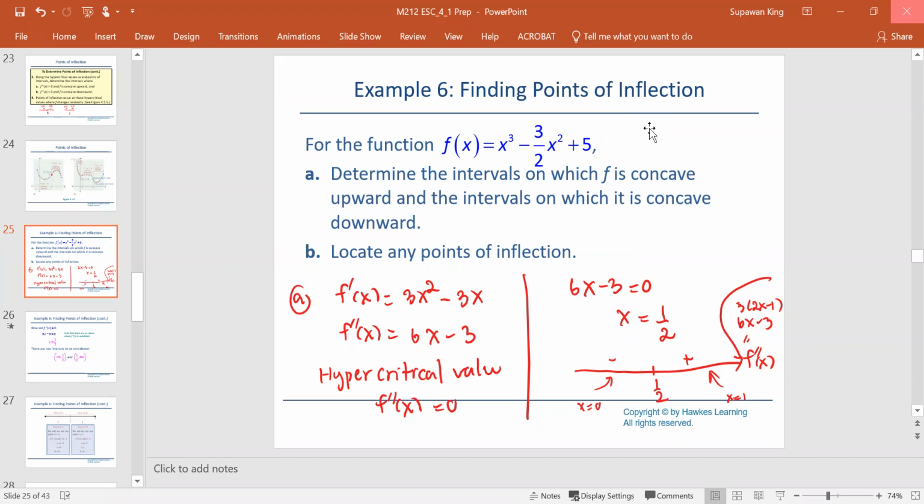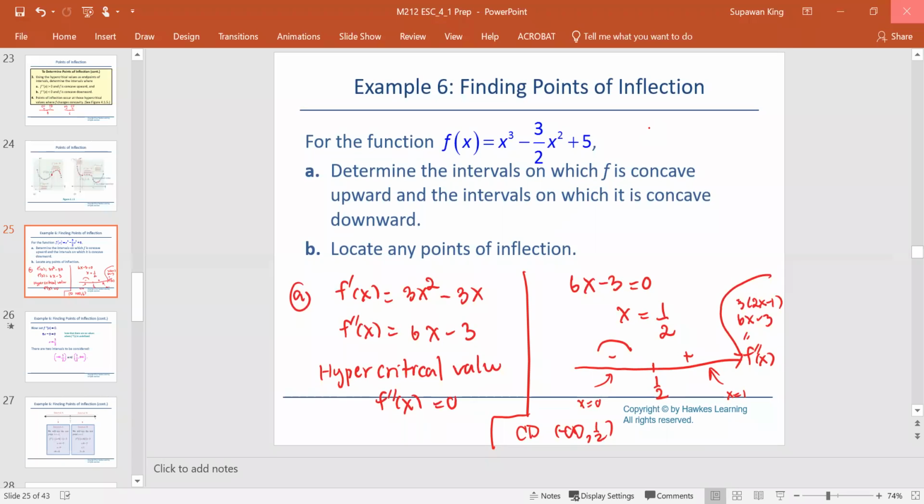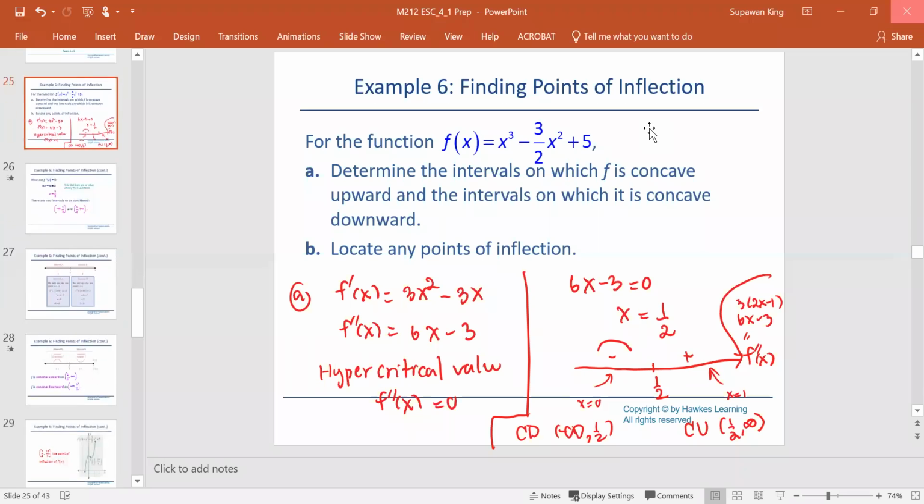Therefore, the interval on which the function is concave downward will be negative infinity to 1/2. This is concave down. And the concave up would be on the interval from 1/2 to positive infinity.